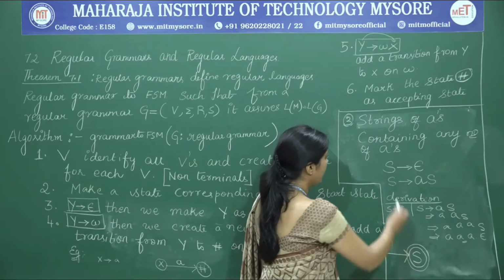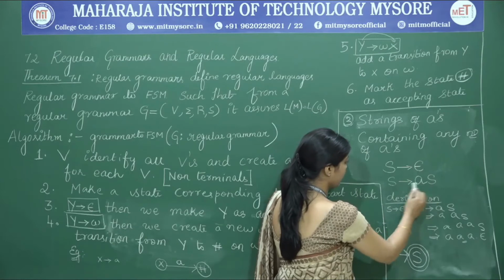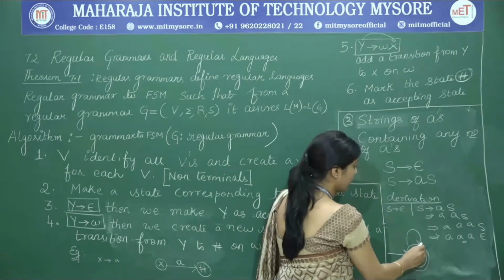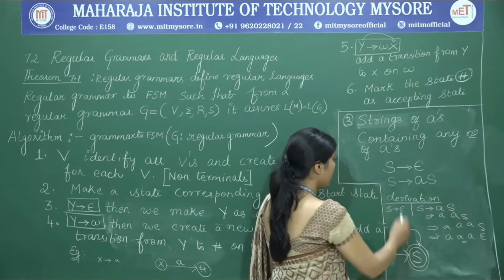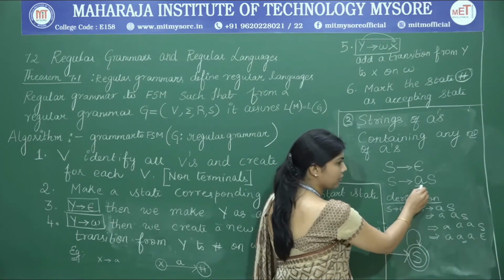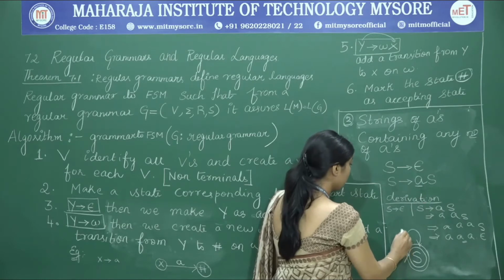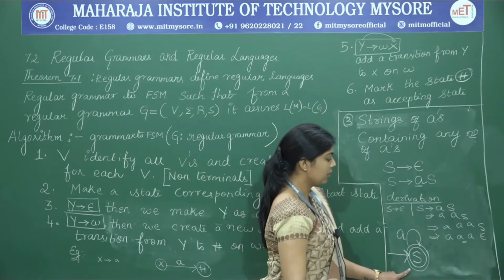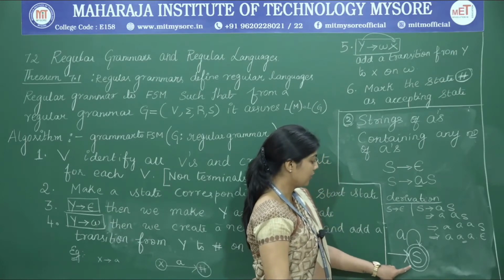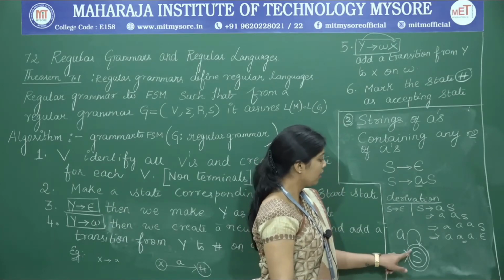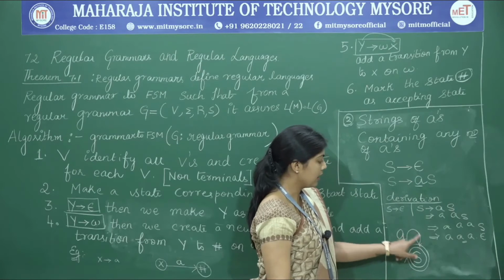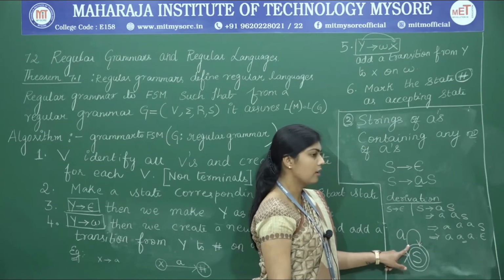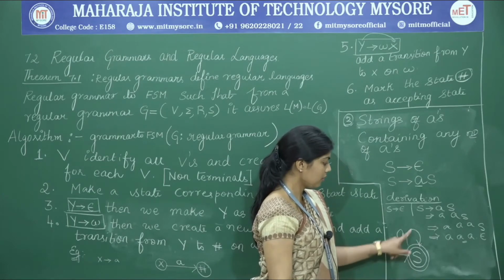Next, S goes to AS. So from S to S we add a transition, and the symbol that we write on the transition is A. So what is this actually doing? This is S, the state which is accepting any number of A's, including 0 A's.